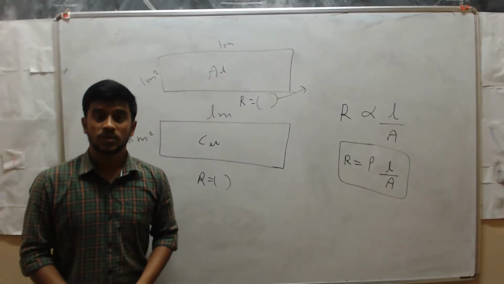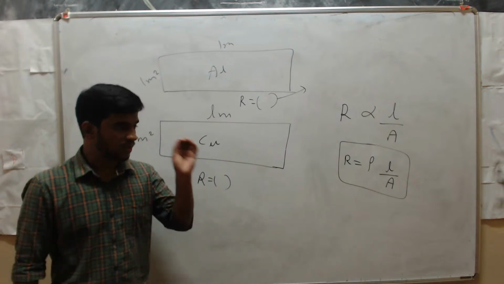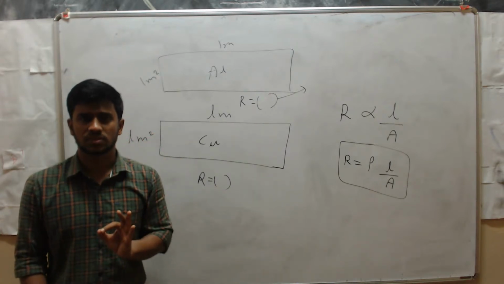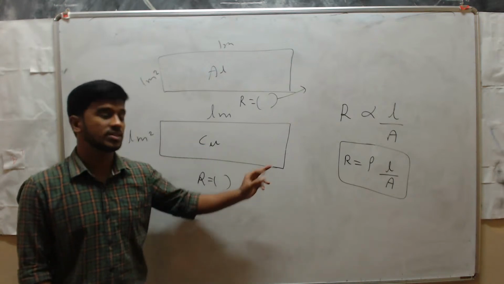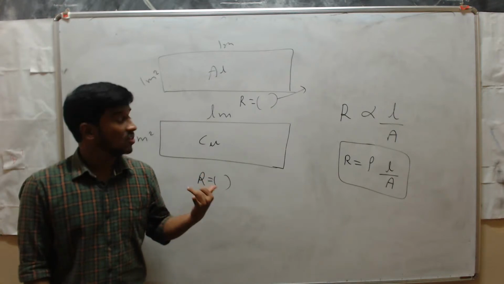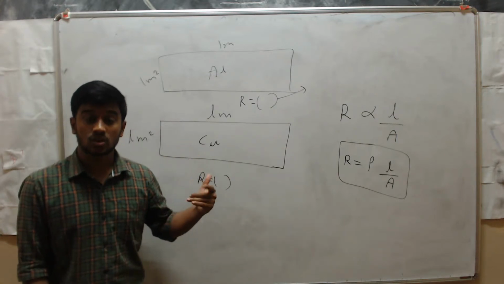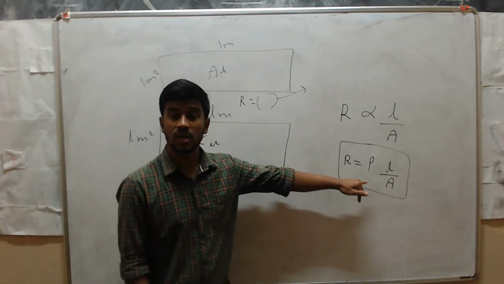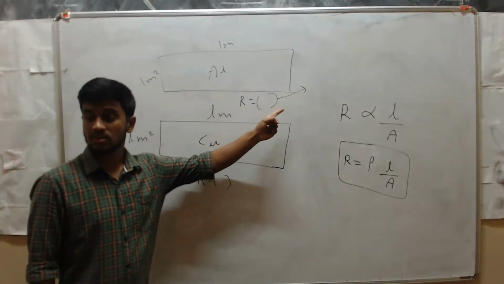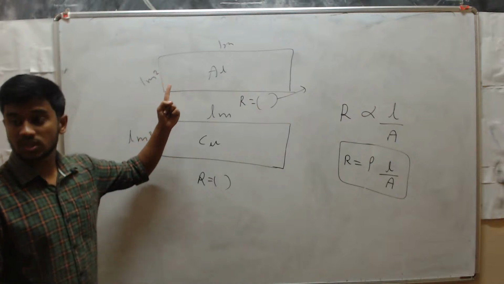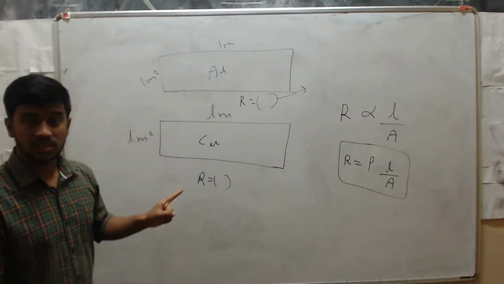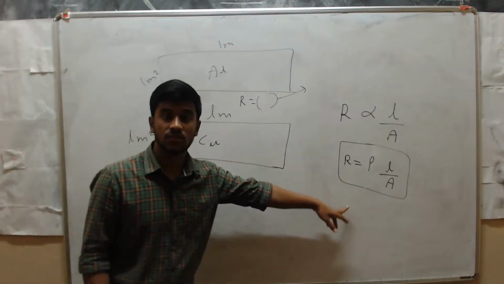If you take one conductor, it will have some kind of appreciable resistance, and that appreciable resistance is known as resistivity. To calculate the resistivity of any conductor, we should consider length of the wire as 1 meter and area of cross section as 1 meter square. Clear?